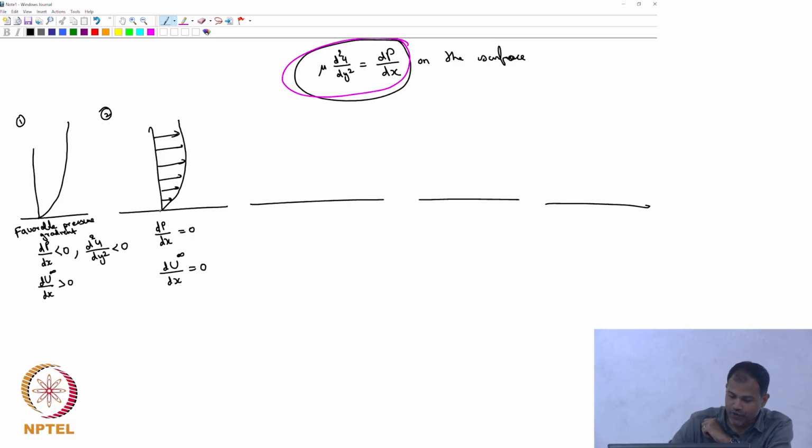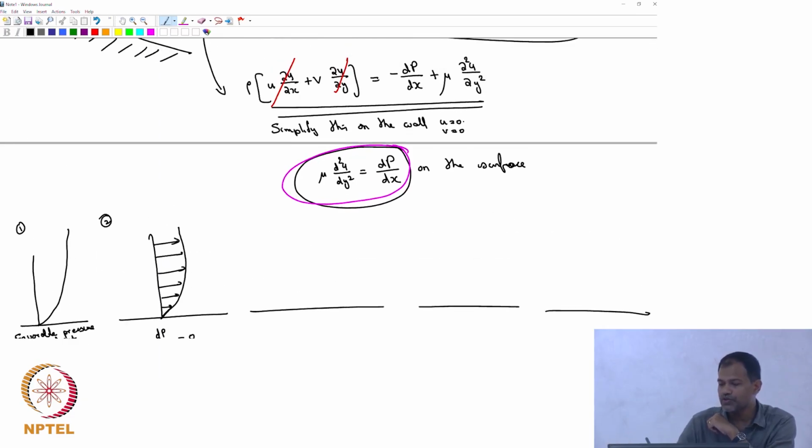So if you look at this, it would be linear, but then we do not know, because this equation holds true only on the surface. This equation is not completely general. We got it when we put u equal to 0, v equal to 0 in the conservation equation. In the full equation we put u equal to 0, v equal to 0, threw away these terms, and therefore we got this. So that can hold only on the surface of the wall.